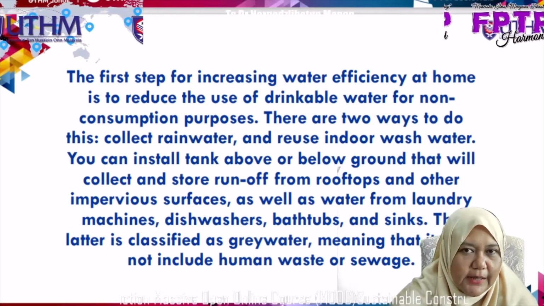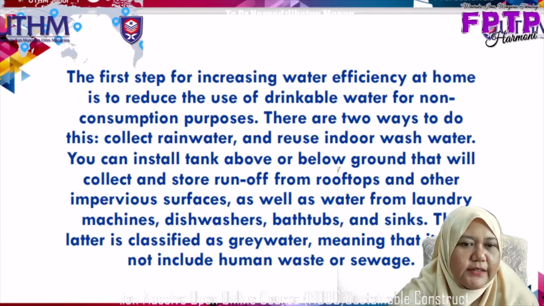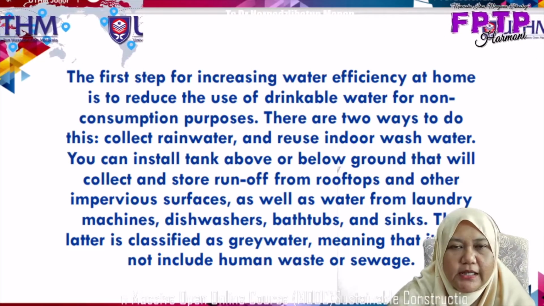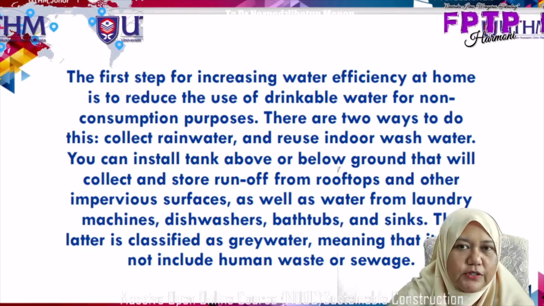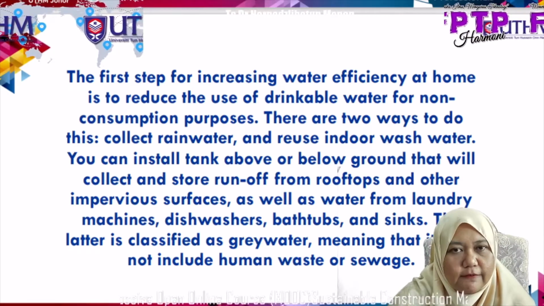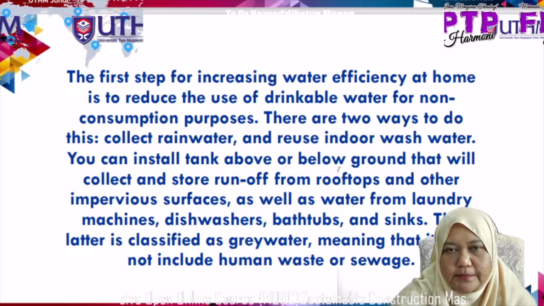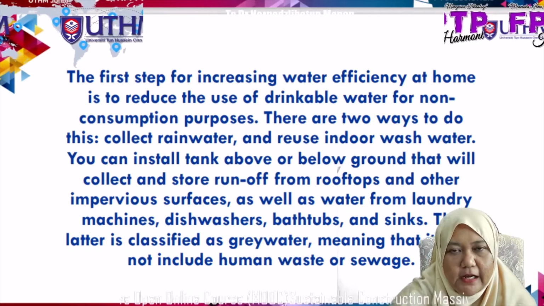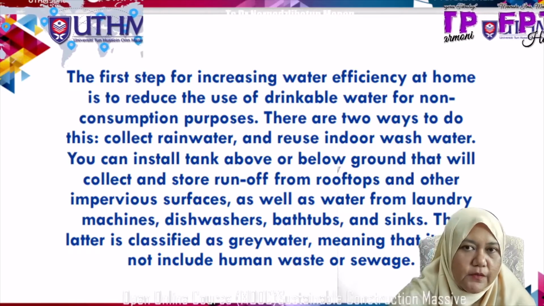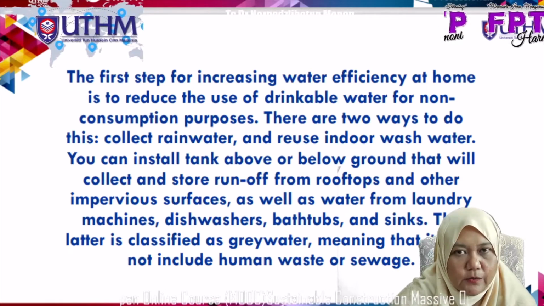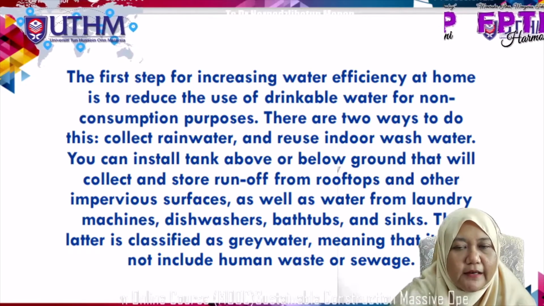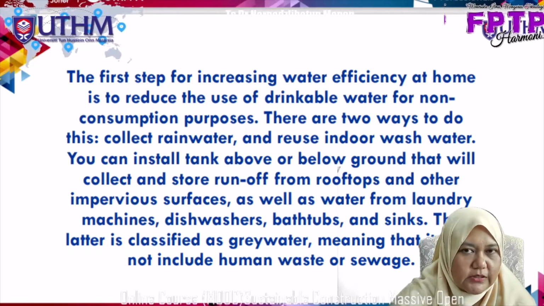The first step for increasing water efficiency at home is to reduce the use of drinkable water for non-consumption purposes. There are 2 ways to do this: collect rainwater and reuse indoor wash water.